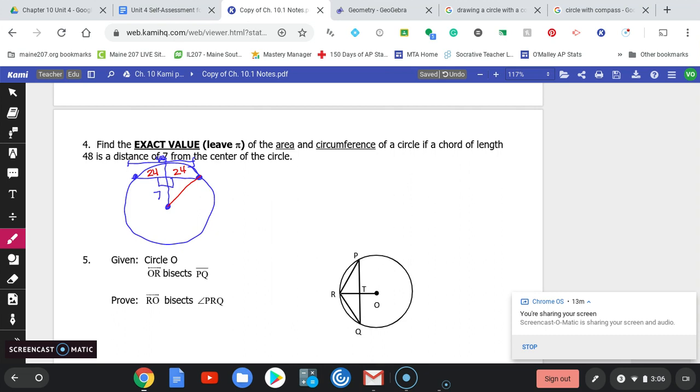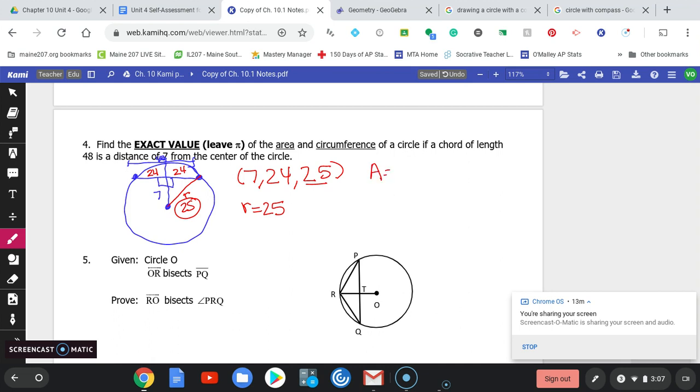I'm going to add in this radius here and be able to use the Pythagorean theorem, but we don't actually need to use the Pythagorean theorem because we know our triples. And hopefully you remember the 7, 24, 25 family. So that means that this radius here is 25. And so now it's pretty easy to find the area and the circumference.